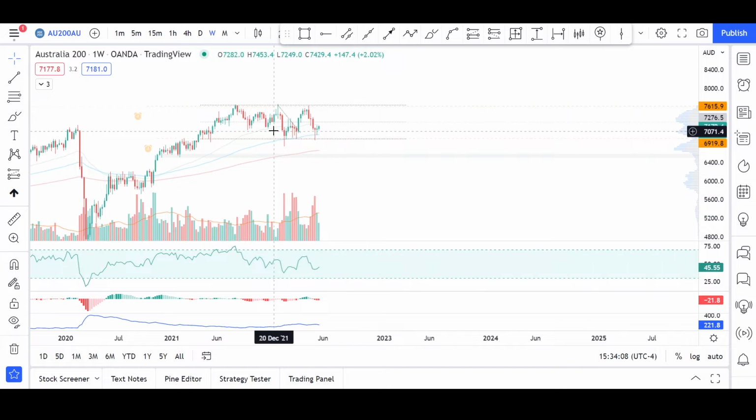So there is still a chance to level these peaks from April, and from December and August once again. So 7,660 is still on the way.